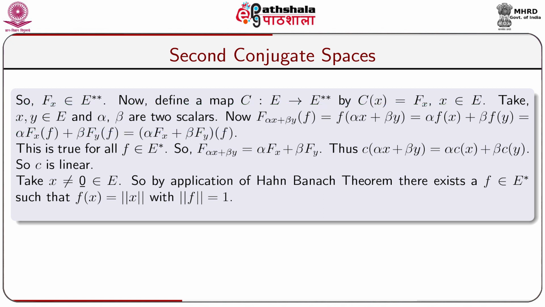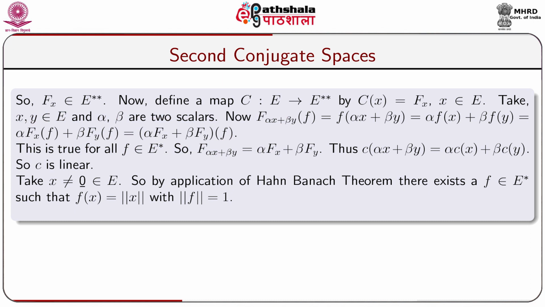Now, F_{alpha x plus beta y}(f) equals, by definition, f(alpha x plus beta y). As f is linear, f(alpha x plus beta y) equals alpha f(x) plus beta f(y), which equals alpha F_x(f) plus beta F_y(f).